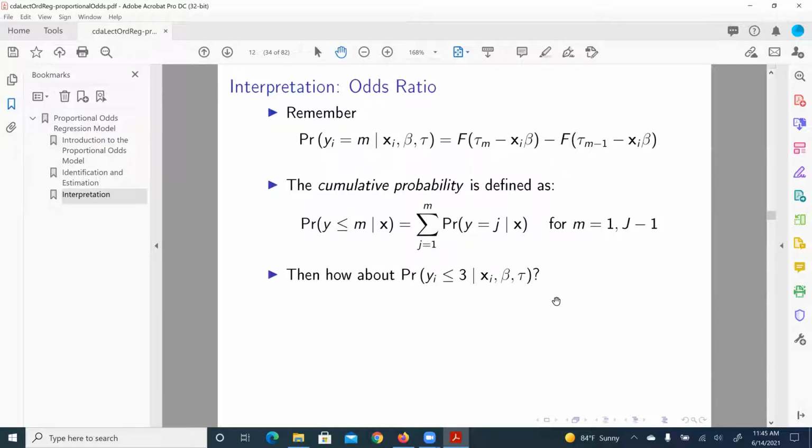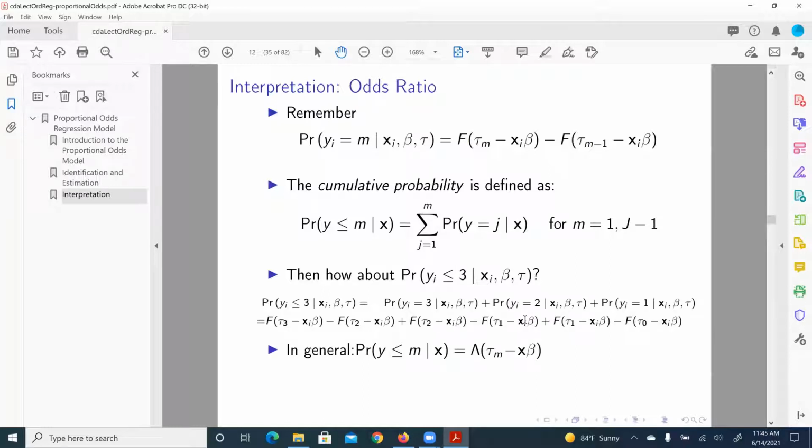So here, giving you a very concrete example. How about the probability y smaller or equal to 3, given data and parameter? Well, it is equal to the probability y equal to 3 plus the probability y equal to 2 and the probability y equal to 1, right?